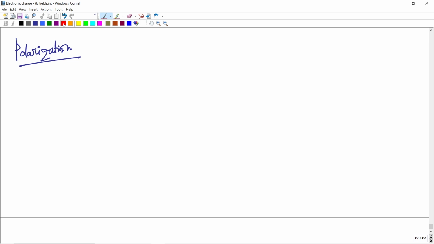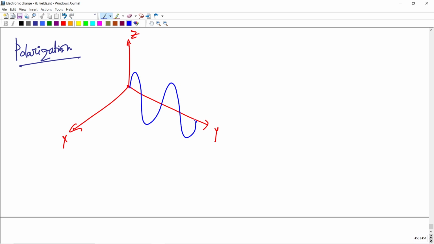So we know that light is an electromagnetic wave. So there is an electric field and obviously a magnetic field. You know that 3D diagram, X, Y and Z, with the electric field vibrating in the Z direction.